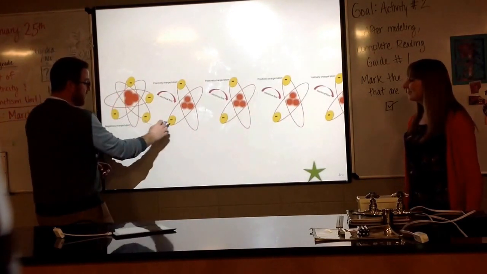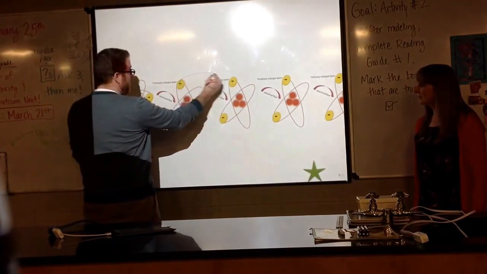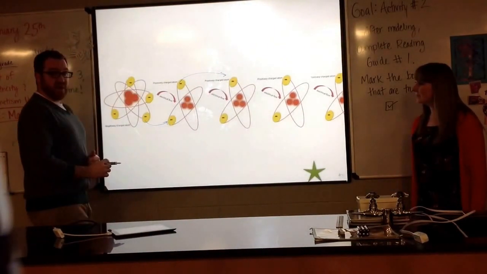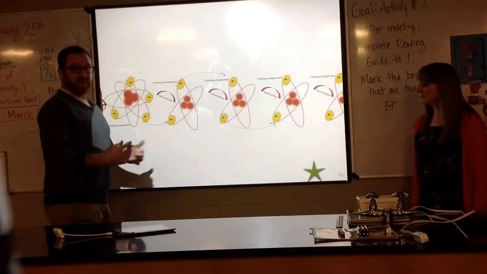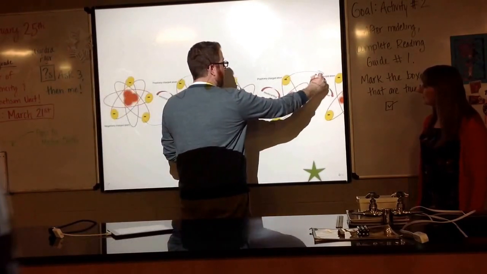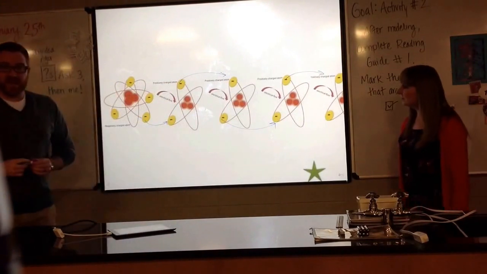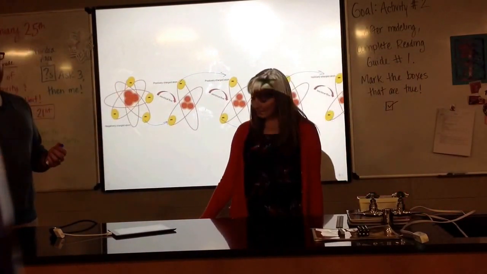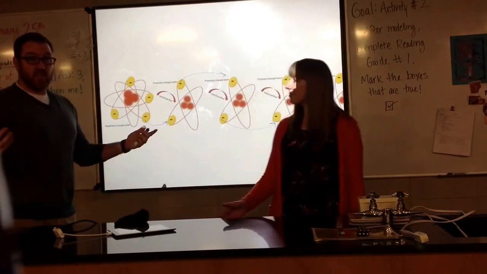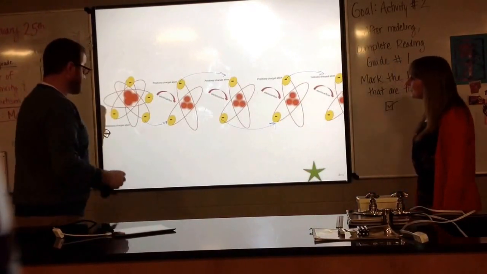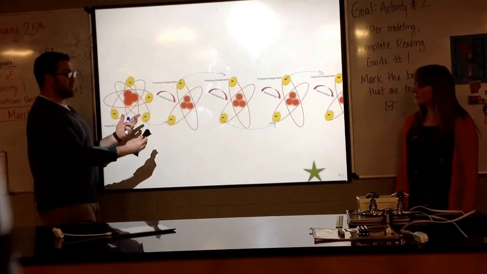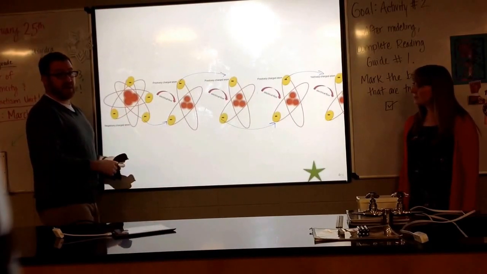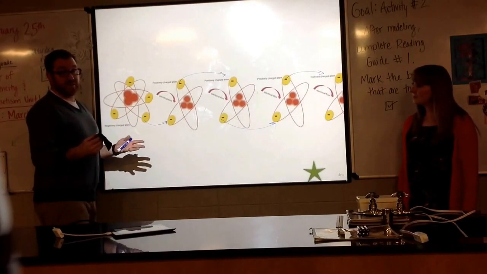So if this one moves from here to here, it may move that electron to the next atom, which may spark an electron to move to the next atom, and so on and so forth. Obviously we can harness that for multiple reasons. Why don't you take a second, pause. If you want to draw this structure out, go ahead. Otherwise, we're going to move on, and I'm going to erase it.